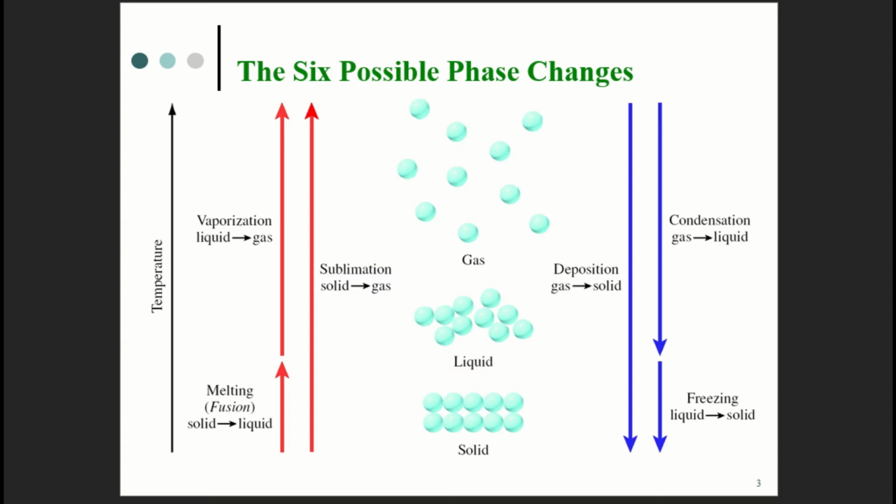Now, freezing happens. Same goes with gas to solid: deposition. It's the direct phase change from gas to solid. It means it doesn't go through the intermediate liquid part, it goes straight to solid. Deposition happens if it's cold, gas can turn into solid.